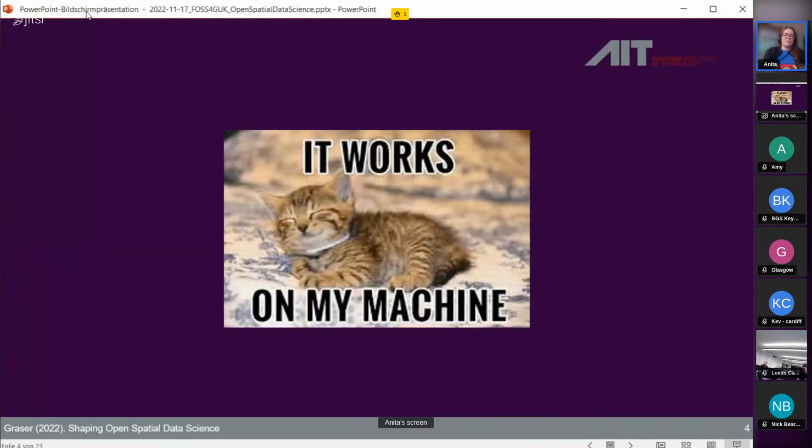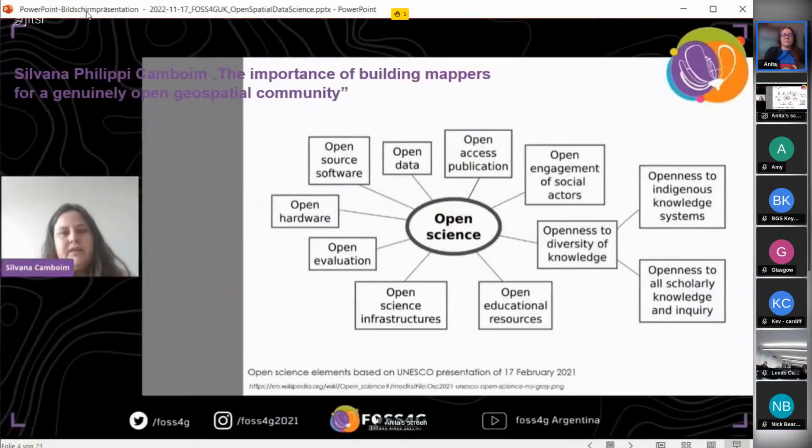And the most common one, of course, is that a workflow might work fine for me, but no one else can reproduce it. So "it works fine on my machine" is really the issue I want to talk about still, because it is still unsolved for a lot of people.